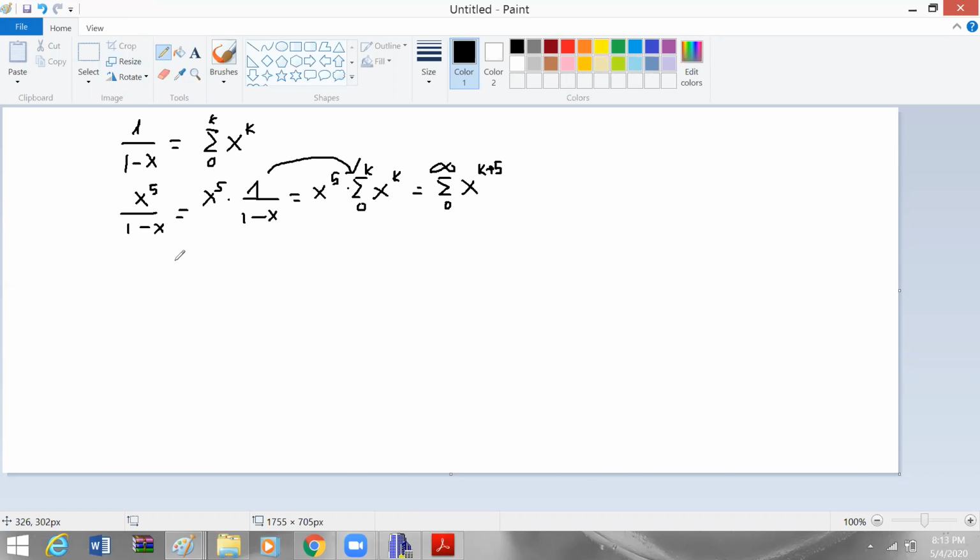So what happens when we have x to the 5th times 1/(1 minus 2x)? I can also rewrite this, so I replace x by 2x, basically the thing that we have right here. I think I went over this part, so that'll be from 0 to infinity.